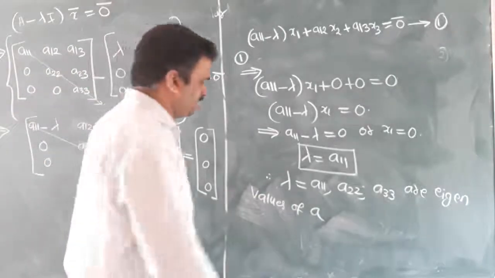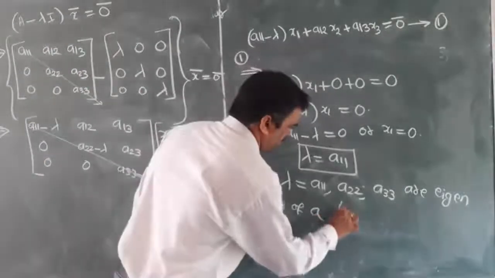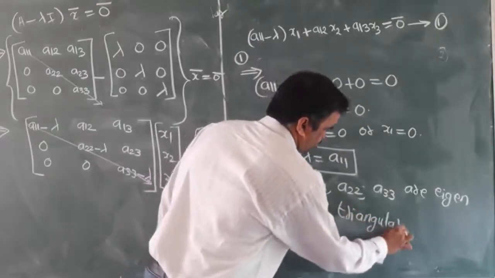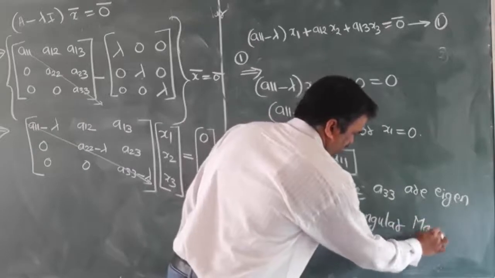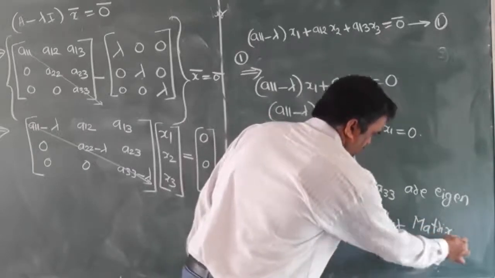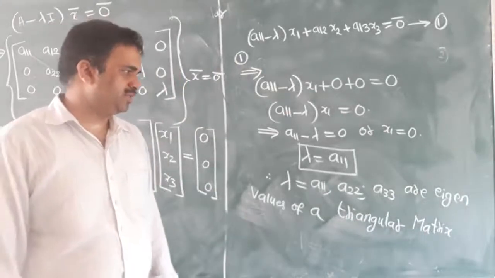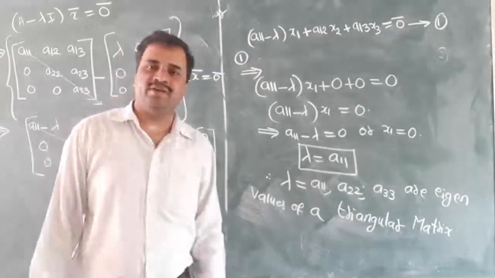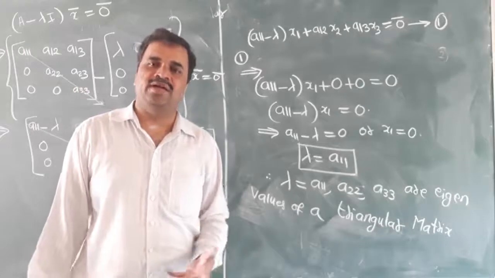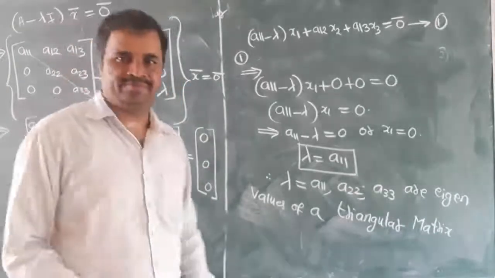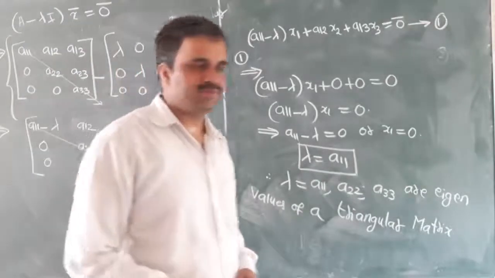These are the eigenvalues of a triangular matrix, which are the diagonal elements of A. That is what we have to prove.